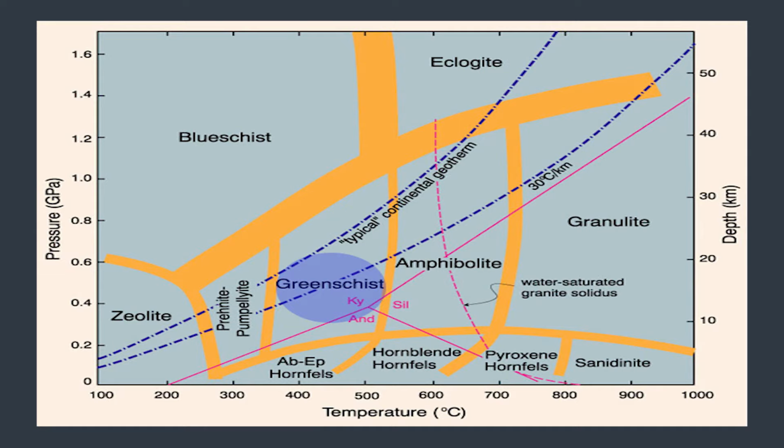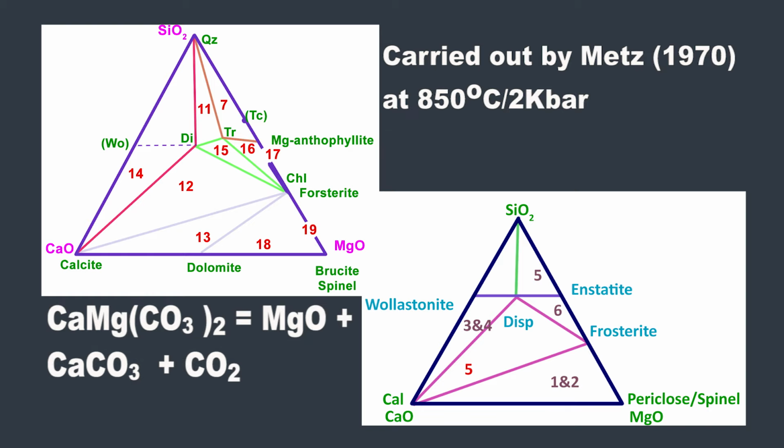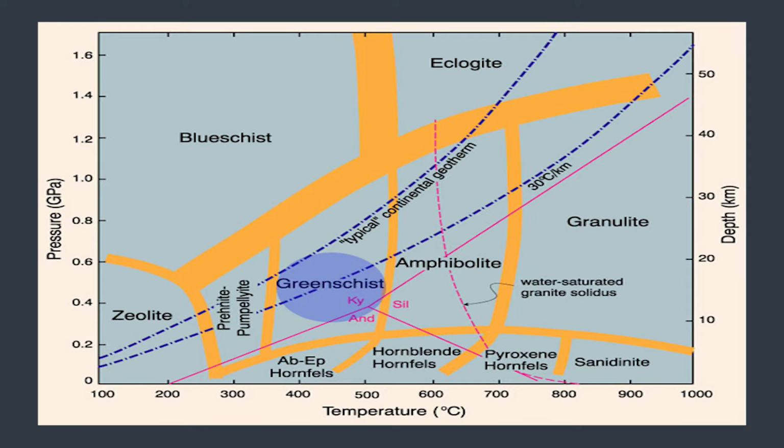The following reactions indicate the upper temperature limit: MgCO3 gives rise to MgO plus CO2, carried out by Johannes and Metz 1968 at 750 degrees centigrade, 1 kilobar. Another reaction, CaMg carbonates give rise to MgO plus CaCO3 plus CO2, carried out by Metz in 1970 at 850 degrees centigrade, 2 kilobar.